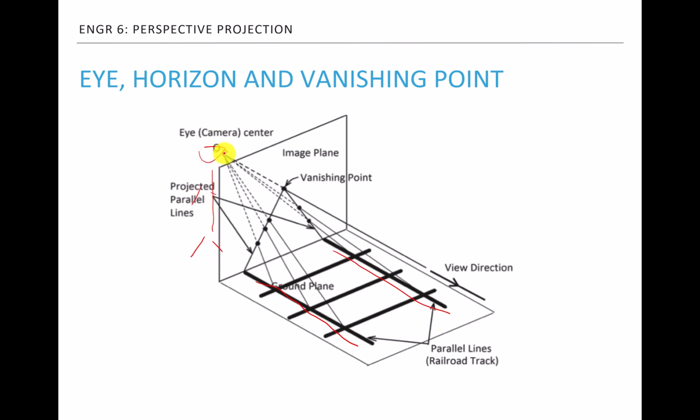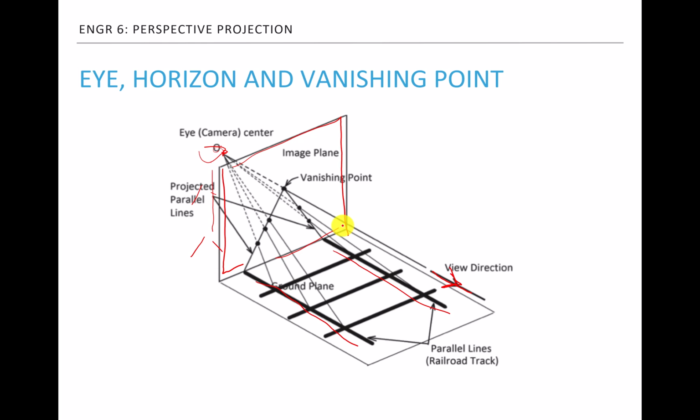This is your eye position, and you're looking straight on. This is the view direction. Then we have this imaginary image plane, perpendicular to your eye direction, standing vertically in front of your eyes.